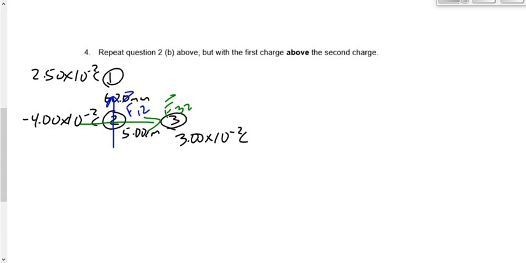Now we calculate these forces, which you'll have already done in a previous question. F12 works out to be 2.4972 times 10 to the 9.